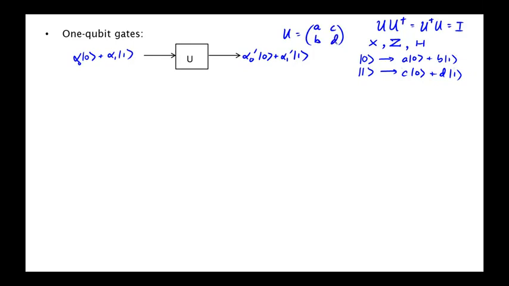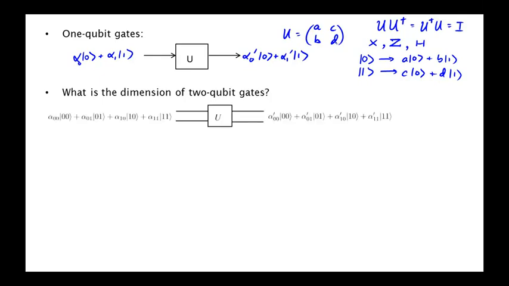Okay, so that's what we did last time. And now, this time we are going to talk about 2 qubit gates. So here's our picture. So we have 2 wires that are coming in, each carrying a qubit. And then this encounters a gate U, and then you have 2 wires coming out which are now carrying 2 qubits which are in a different state.